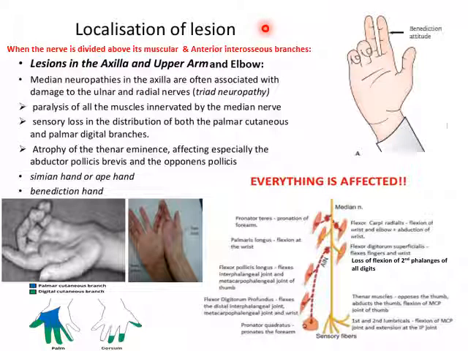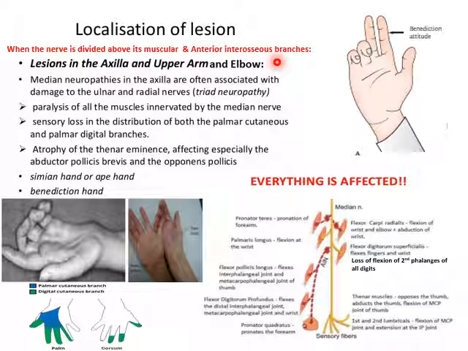So the localization of the lesion very much depends on the projected signs and symptoms, which means that the signs and symptoms vary according to the injury of the median nerve at different levels in the upper limb.